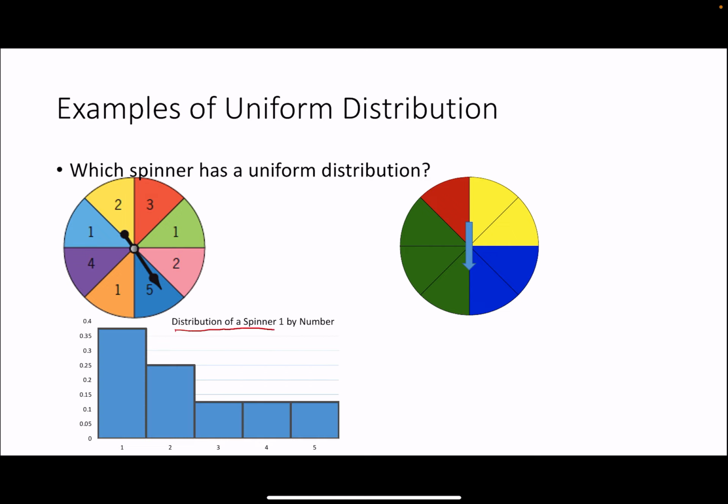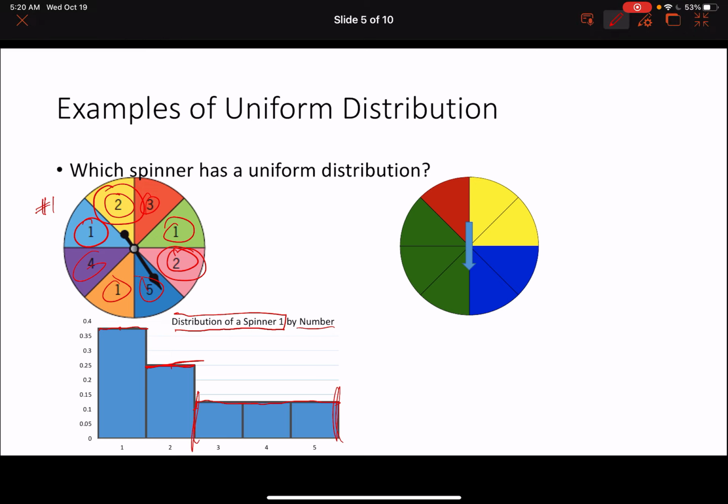The distribution of spinner 1 by number: the probability of scoring 1, there are three 1s, so it's 3 out of 8. And the probability of getting a 2 is a bit less. There are only 2. And then 3, 4, and 5 look uniform, but it's not a uniform distribution by number.